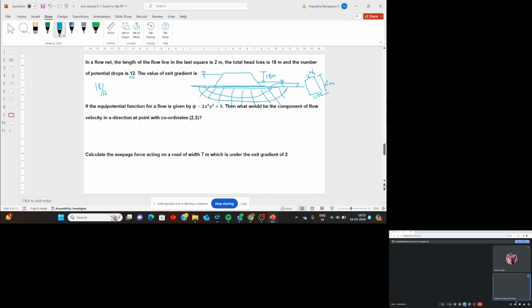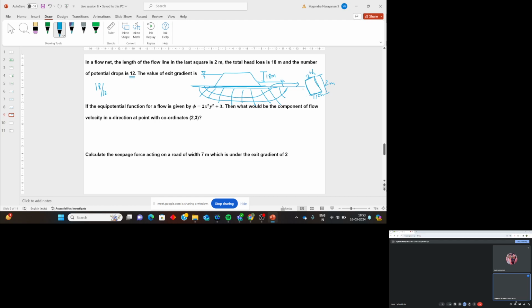Are you understanding or not? Not, sir. See, just look at the figure. The total head loss is 18 meters, and there are 12 equipotential drops. So you have to calculate for the last exit gradient.